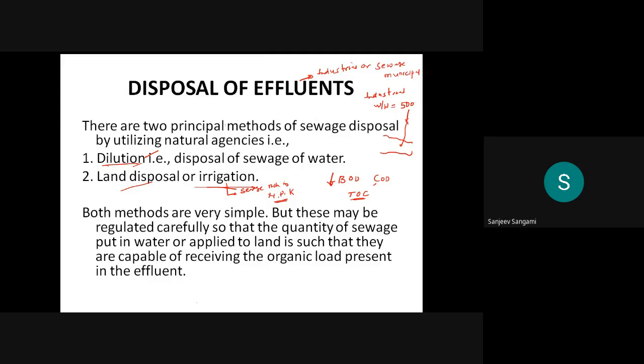Both the methods are very simple, but they must be regulated carefully so that the quantity of sewage put into water or applied to land is such that they are capable of receiving the organic load present in the effluent. Overall, you always have to talk in terms of the carrying capacity of any river.